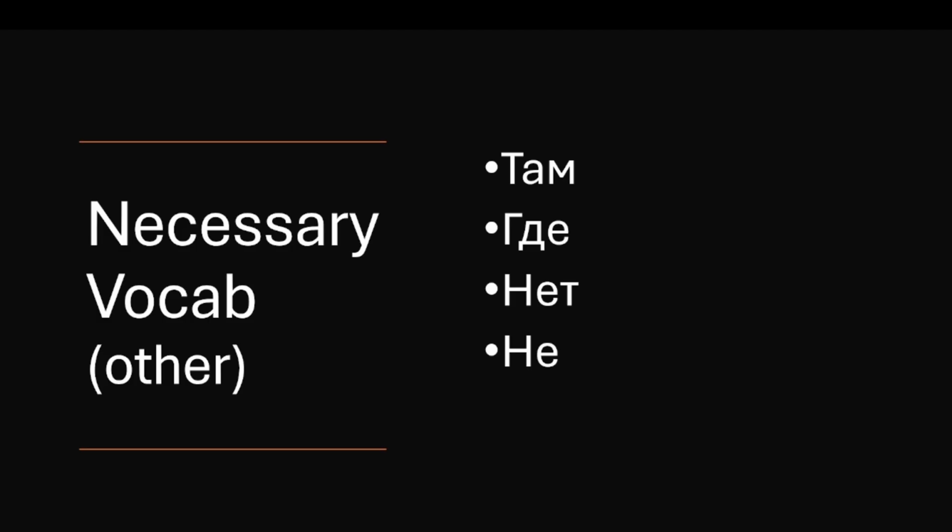That means there is no. You can say нет, and then whatever it is that you want to say there isn't anything. So we know that нет means no, but it can also mean there is none, almost like the opposite of это. But we're not going to cover that here because of a grammatical reason that we'll learn later.